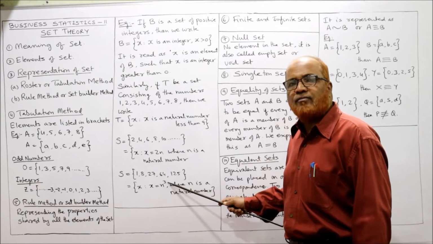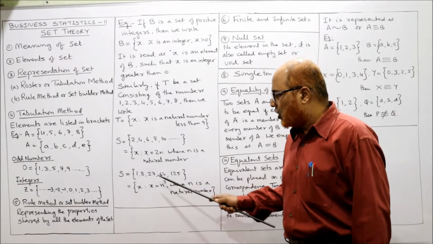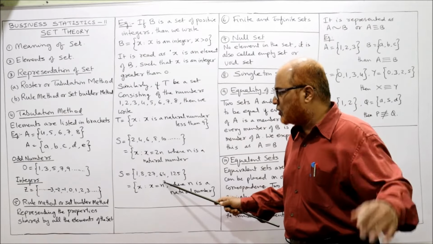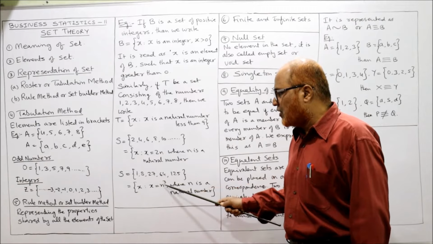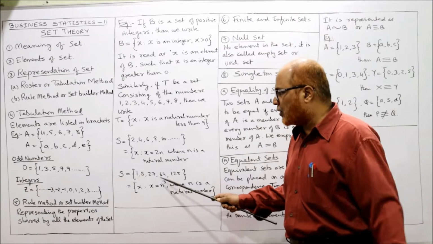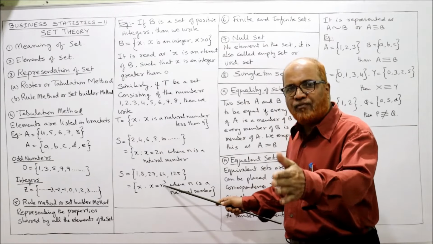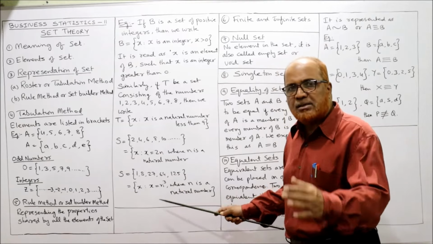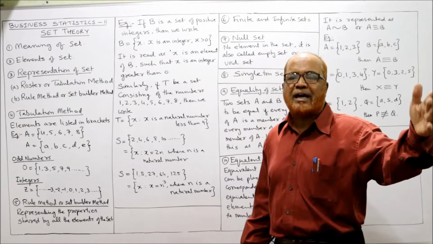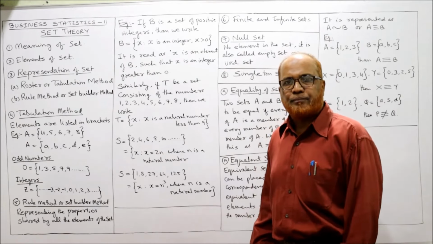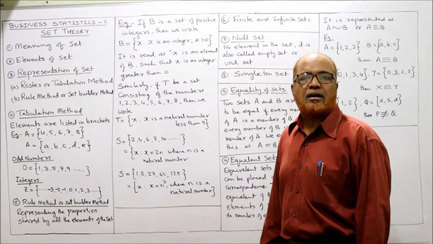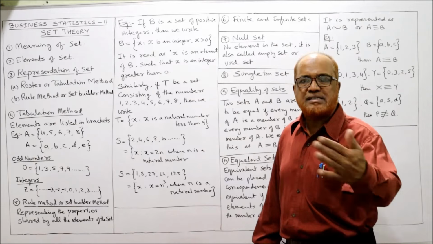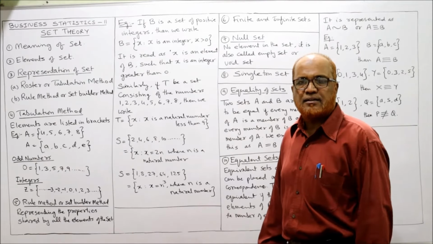Take 1 cube, 1 into 1 into 1, you will get 1. 2 cube, 2 into 2 into 2, you will get 8. 3 cube, you will get 27. 4 cube, 64. 5 cube, 125. Similarly, 6 cube, 7 cube, 8 cube, 9 cube, we can go up to infinity. So we got a rule. This is called the set builder form of representing the set. That's all.